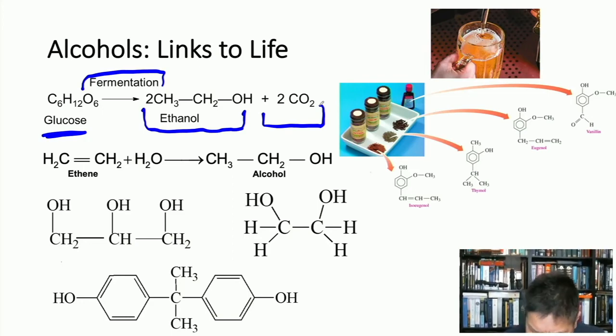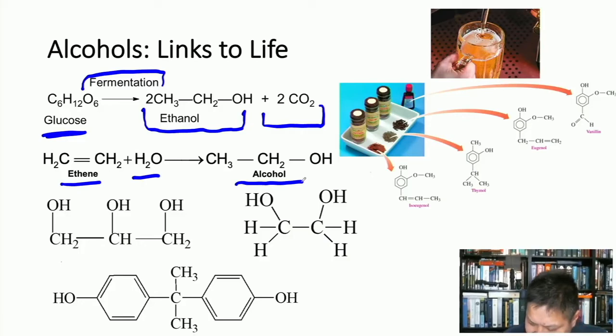You can also make alcohol by doing a reaction with ethene and water, and then you can also make ethanol too. But I wouldn't drink that because it's purely organic synthesis, and you never really know. It might make you go blind. We'll go over why in a minute, right?